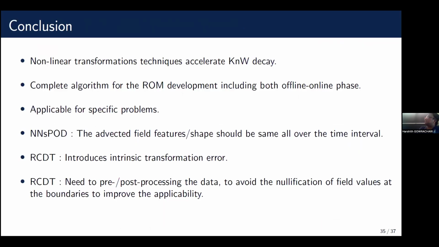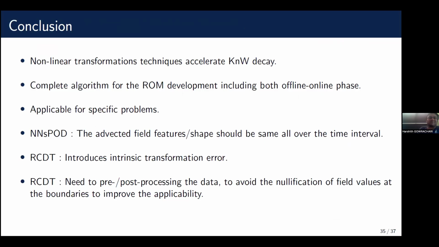So these are a few conclusions. The transformation accelerates Kolmogorov decay to find small linear subspaces for approximating a solution manifold. And there is a full workflow of developing a reduced order model, which includes both offline and online phases.